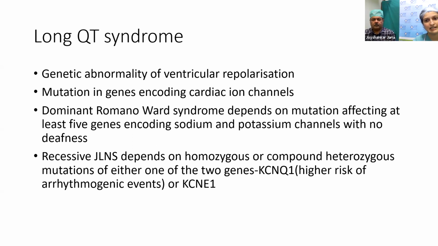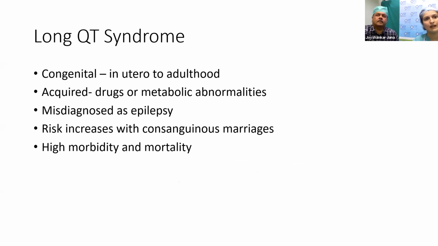Defect in gene KCNQ1 causes a higher risk of arrhythmogenic events. It may be congenital or acquired. It may be acquired due to various drugs or metabolic abnormalities like hypocalcemia and hypomagnesemia. It is sometimes misdiagnosed as epilepsy. The risk increases with consanguineous marriages, and it shows high mortality and morbidity.